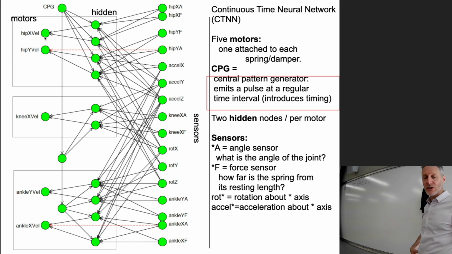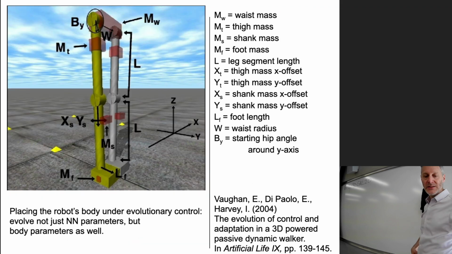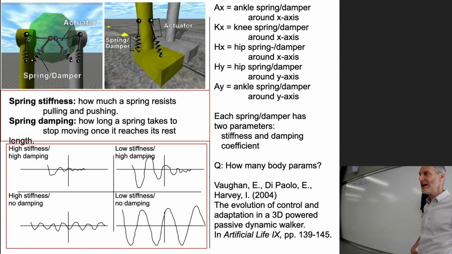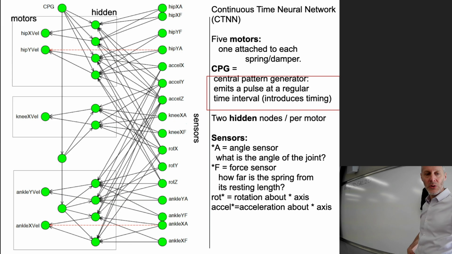We've got 2 motors acting at the hip that rotate the leg forward and back and inward and outward, like your hip. We've got one motor at the knee, and we've got 2 motor neurons at the ankle that rotate the ankle up and down and side to side.